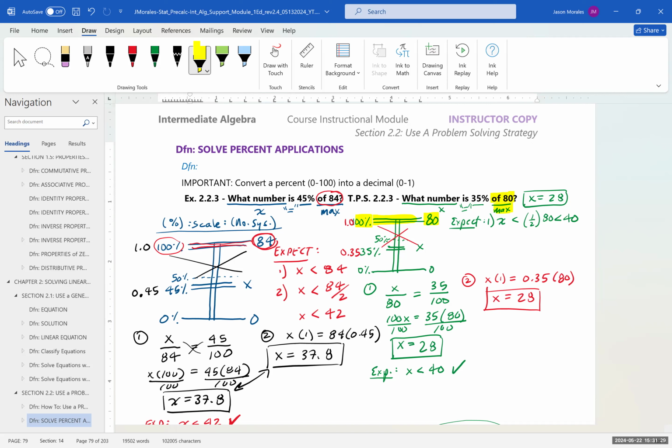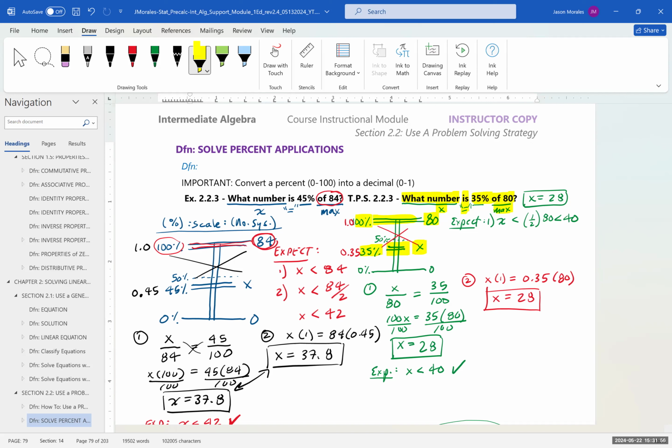And the way that this is worded, it says "what number," so we're going to use X to represent this number we're looking for. And so X is correlated to 35%. So below 100%, we'll have 35%, and that's what X is equal to.